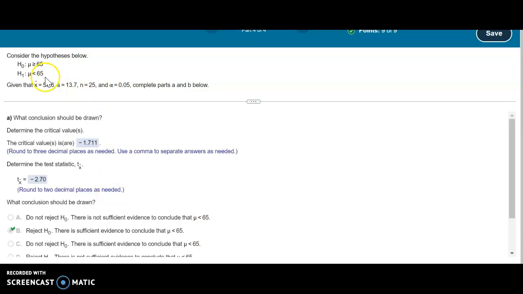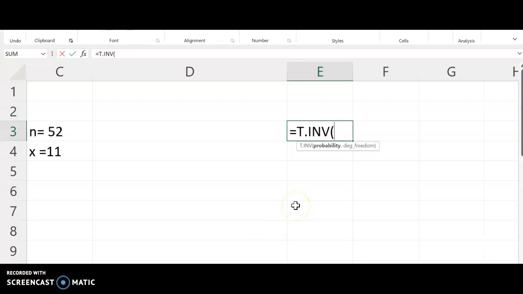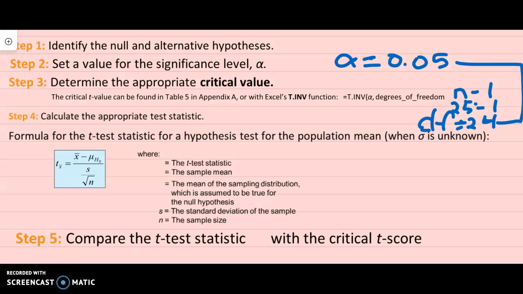If it's not equal, then it's going to be a two-tail, so we do need to know that. And alpha is 0.05. The degrees of freedom is 24. And so our critical value, we're going to round this to 3 decimal places, so it's 1.711.